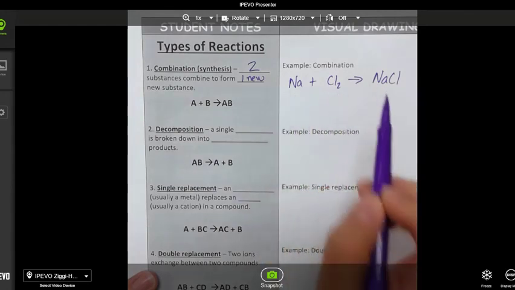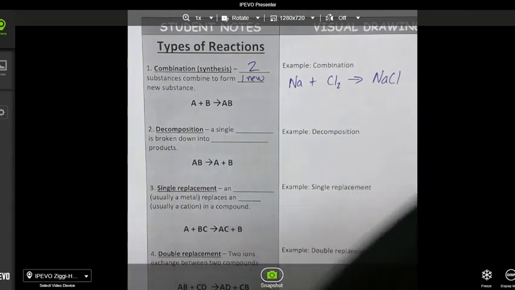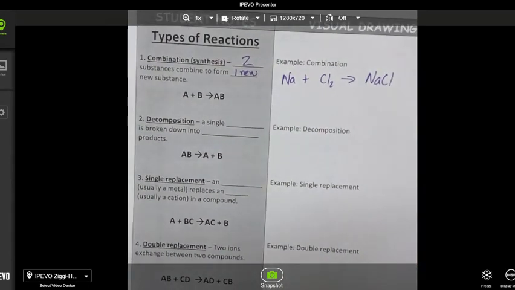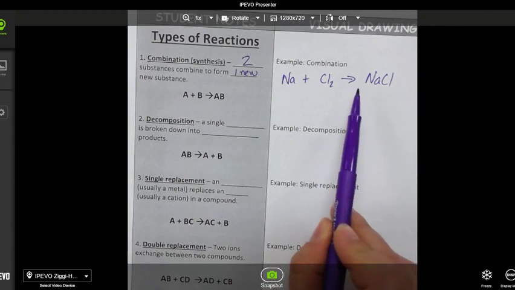2 things combine to form one larger. What you may have seen from the activity that you did, and one of the questions that was asked of you was, do you only have to have 2 elements to combine to form one compound?